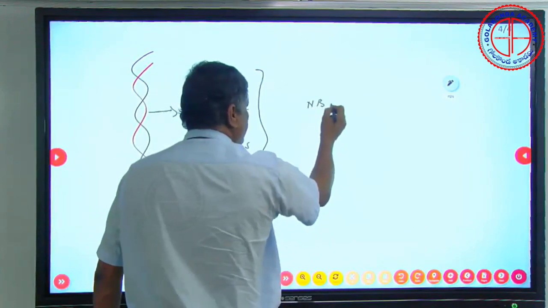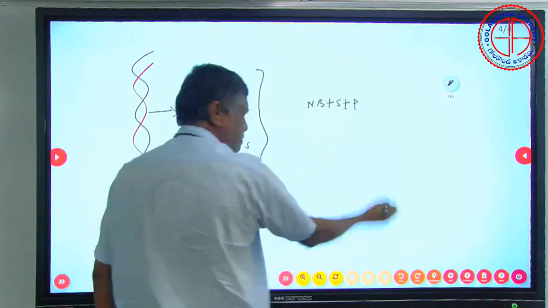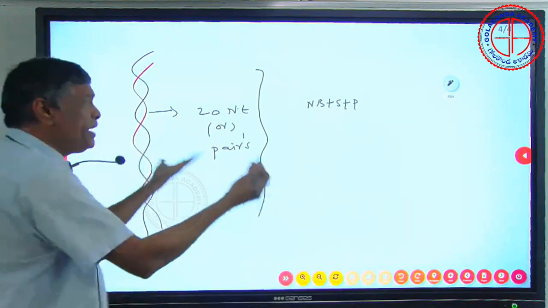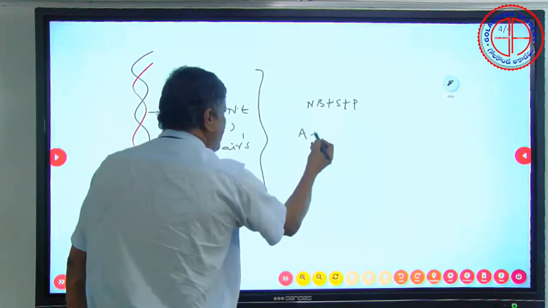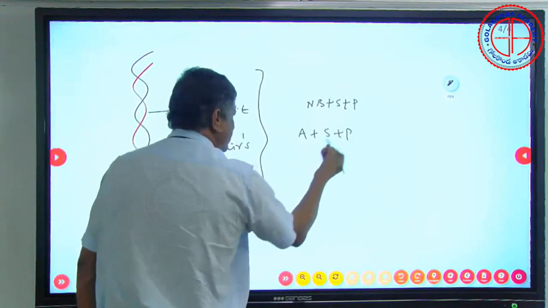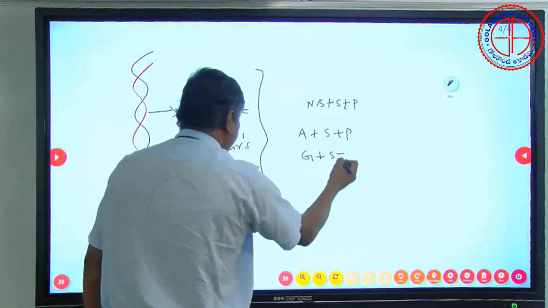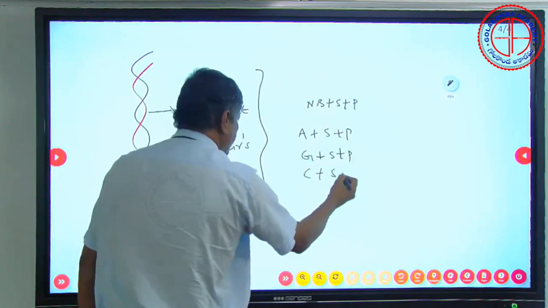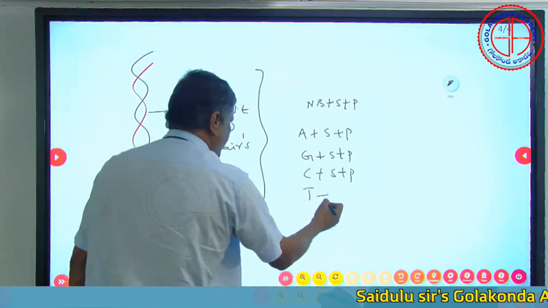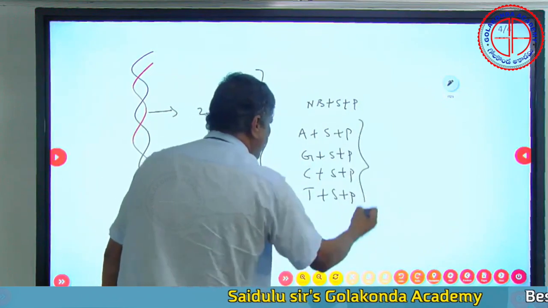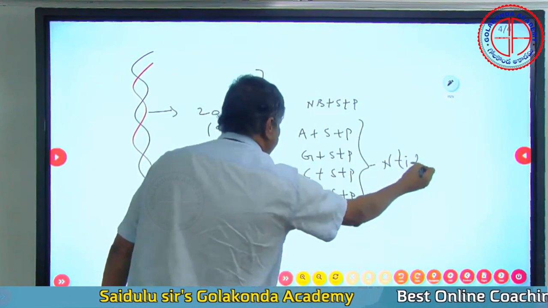Nitrogen base, sugar, phosphate. How many nitrogen bases? Adenine, sugar, phosphate. Guanine, sugar, phosphate. Cytosine, sugar, phosphate. Thymine, sugar, phosphate. These are the four nucleotides.